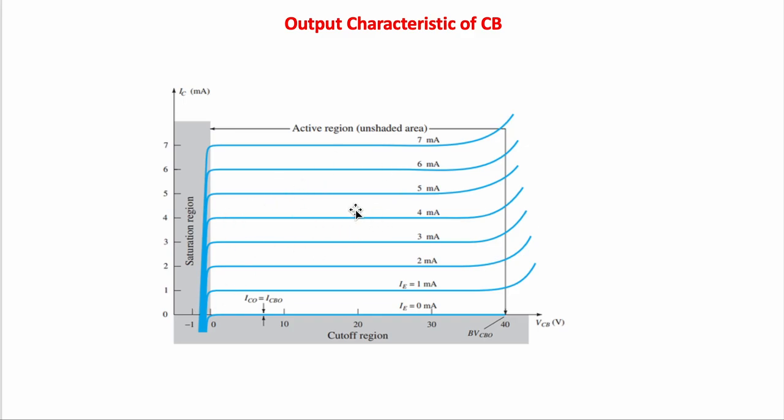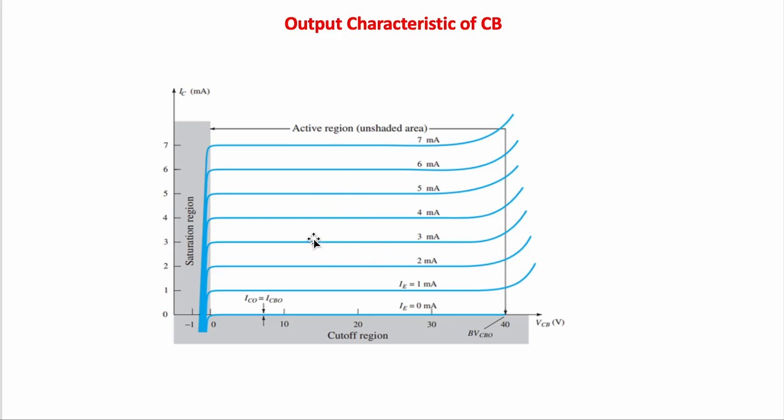In the active region, the output current IC is almost parallel and constant for a given input current IE. When the input current is increased, the output current naturally increases too. And if you increase VCB, it doesn't really affect the output current, which tells us this is basically a current source.